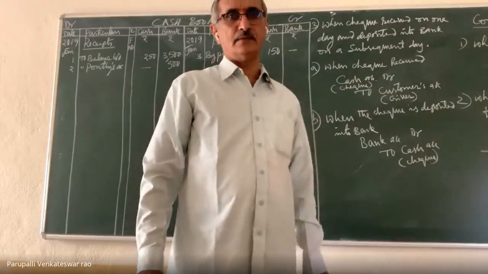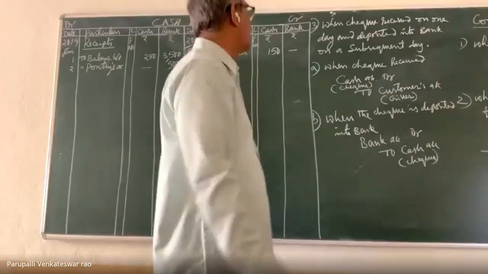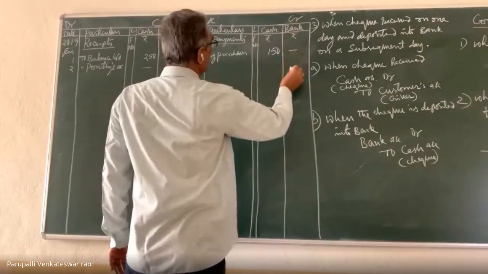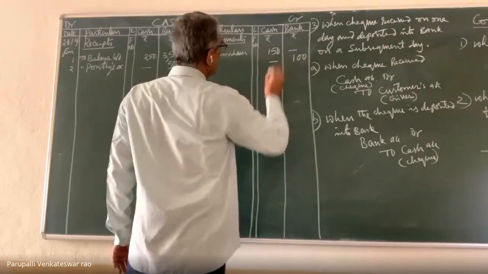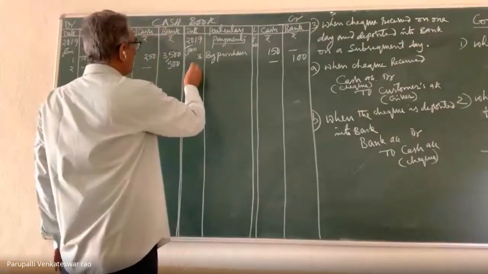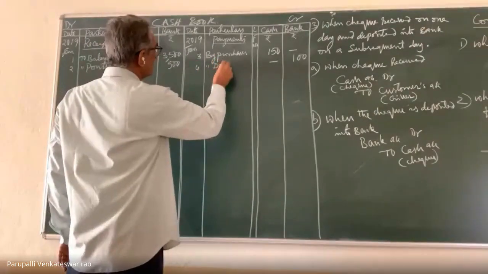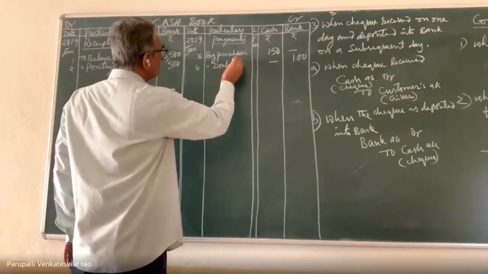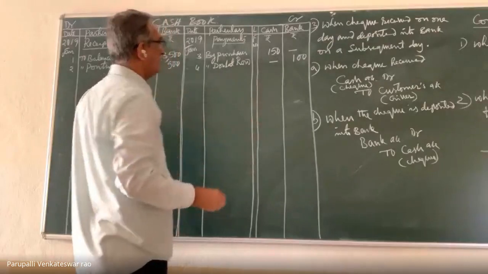Bank pays. Payment through bank. It is a payment through bank. So payment side, bank column, rupees 100. 100 is paid. So January 4th, by Daulat Ram rupees 100.